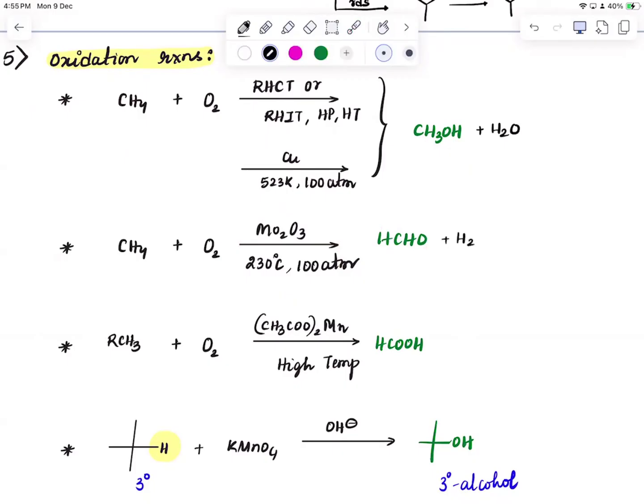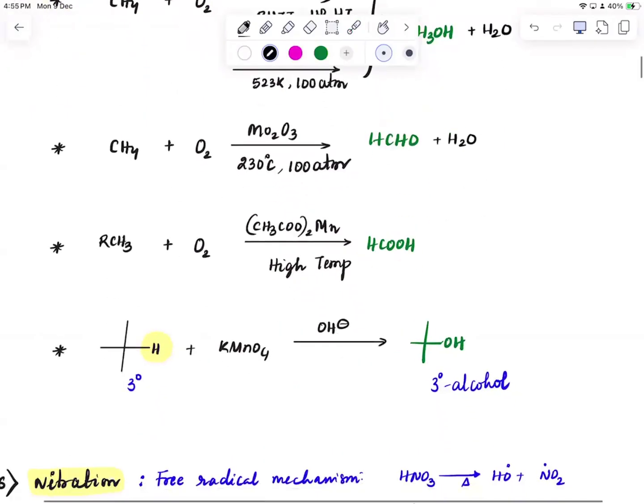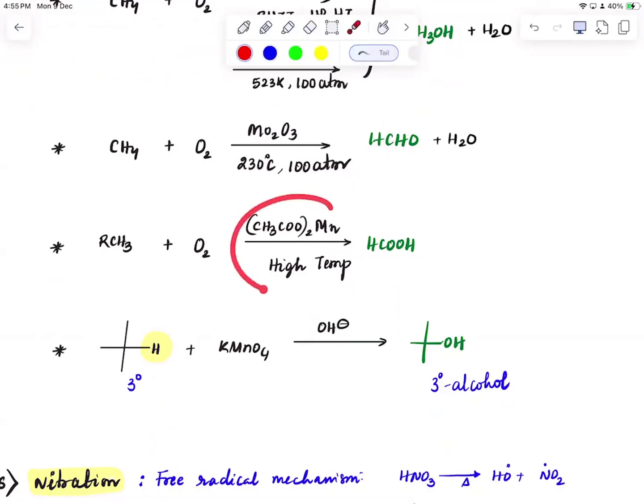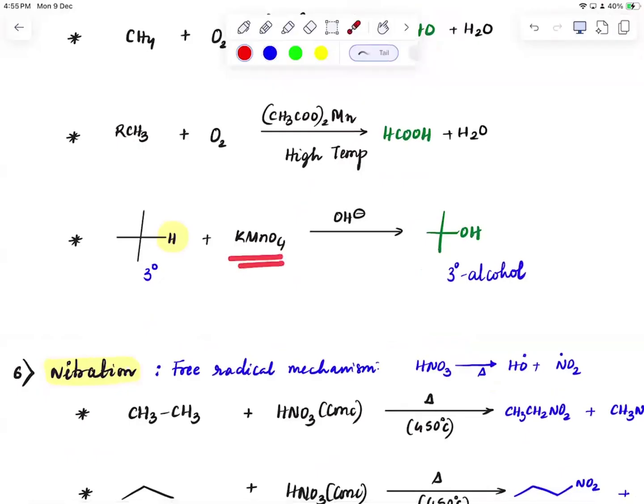For this, there are no mechanisms, beta. These are industrial reactions. We have to directly remember them. In case manganese acetate is taken at high pressure, it will convert into formic acid and H2O. And lastly, KMnO4 only reacts with a 3-degree alkane, which must have a 3-degree hydrogen to remove and make a stable radical here.